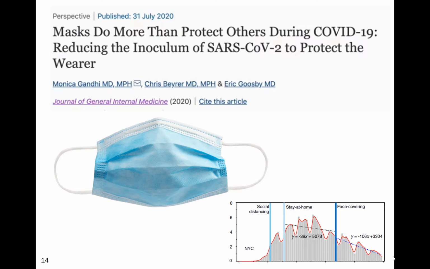And what it does is it reduces the inoculum size of the wearer, and inoculum size is an important factor determining outcome. So the wearer is much more likely to have a mild or asymptomatic infection. As you can see in the graph at the bottom, face coverings are the most effective way of controlling this disease.